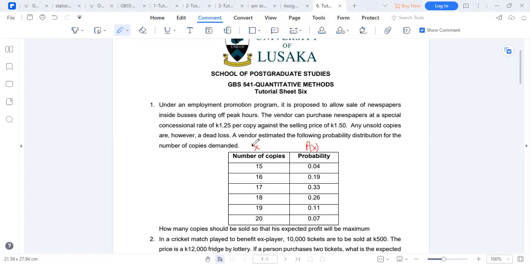So for the number of copies, we're multiplying the number of copies by the probability, so x P(x), and that we get the total.